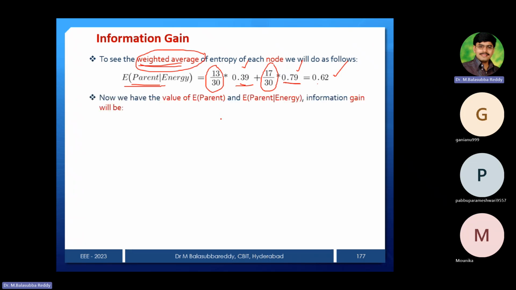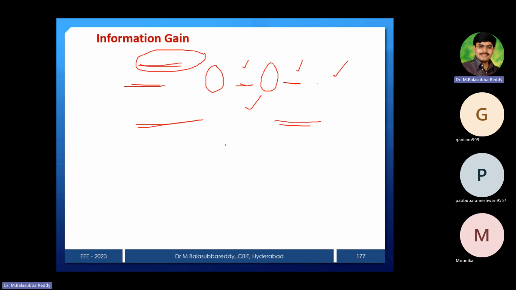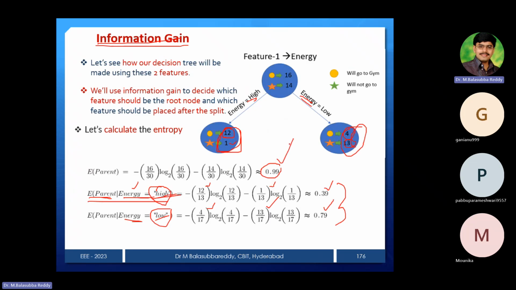Now we will substitute into the formula. What is the formula? Information gain is equal to the parent entropy minus the weighted average of the entropy. The parent entropy we calculated here is 0.99. You first calculate the parent, then the two features, high and low, with high entropy and low entropy.